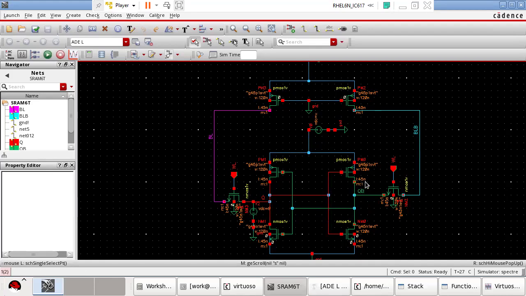This QB is 1. When QB is equal to 1, you will see that this transistor NM1 is on. When this NM1 is on, and because WL is equal to 1, this transistor is also on, the BL will get the path this way towards the ground.